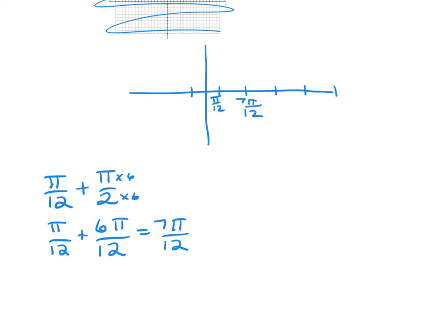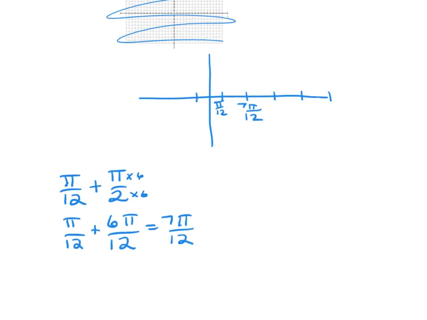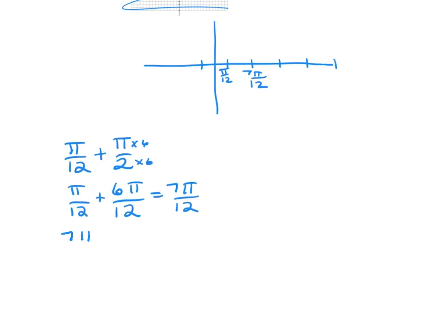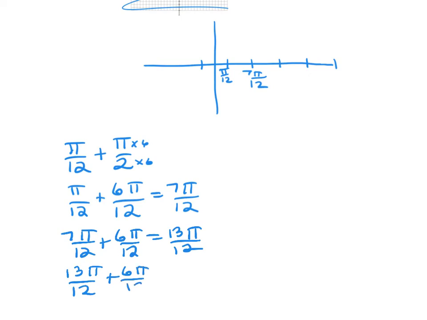I'm going to do it again. Take the 7 pi, I'll do it below like I've been doing. So 7 pi over 12 plus 6 pi over 12 gives me 13 pi over 12. 13 pi over 12 plus 6 pi over 12 gives me 19 pi over 12.